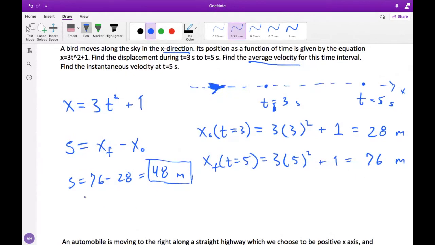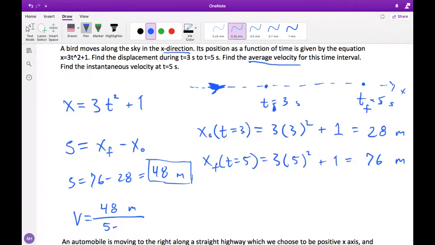So our average velocity is going to be the displacement, which we found here, is 48 meters, divided by the time interval, t final minus t initial, where t final was 5 and t initial was 3.